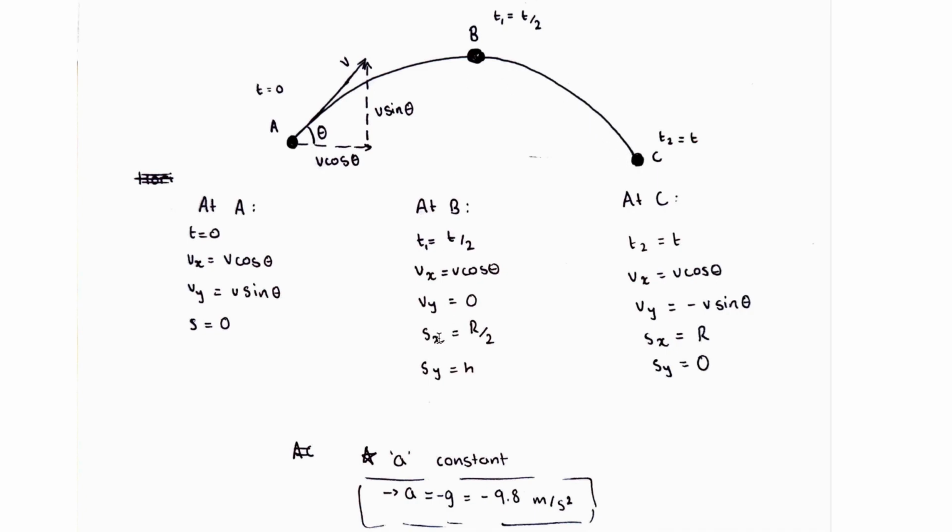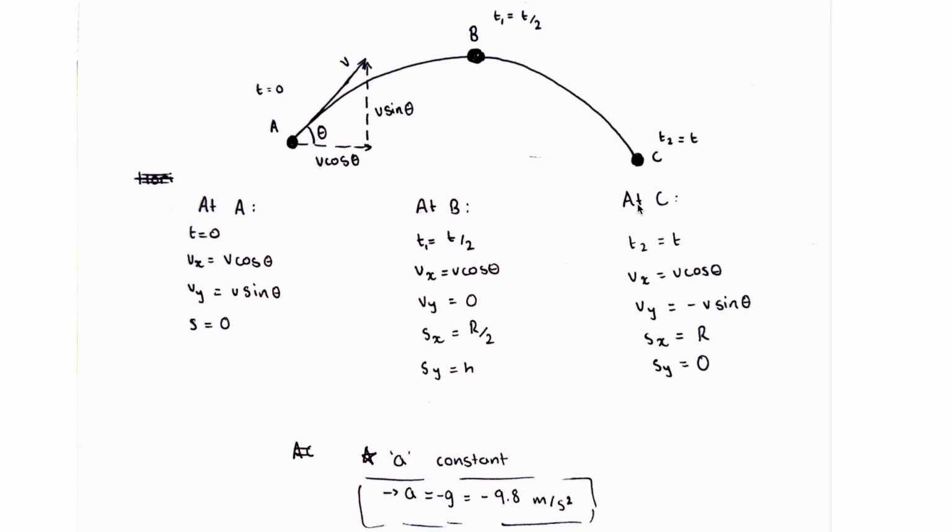And Sx, or horizontal displacement, is R by 2. R is the range, which is A to C. And Sy, or the vertical displacement, will be equal to h, which is the maximum height that the ball travels. Now, remember, a is constant, so we can use SUVAT, but we'll get to that later. Acceleration is minus g here, minus 9.8, which is the value for g.